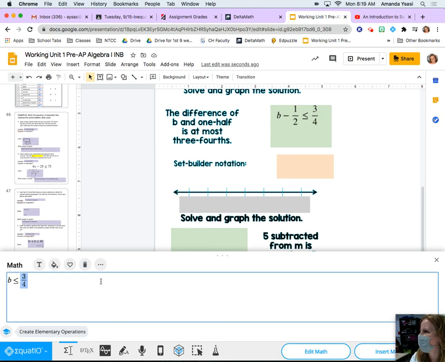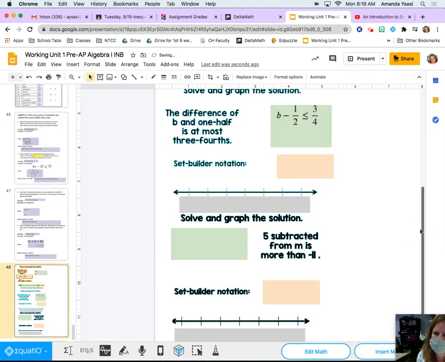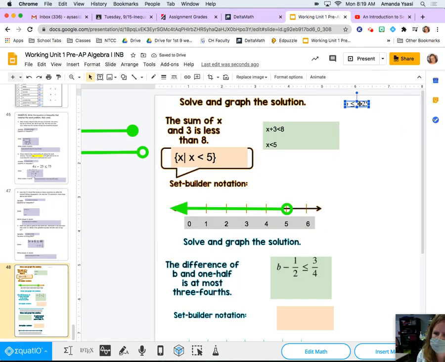But since we're only adding half, think about half as 0.5. 0.5 plus 0.75, right? If we convert them over to decimals. So then if you add those together, you get 1.25. Is that right? 1 1/4. Okay.